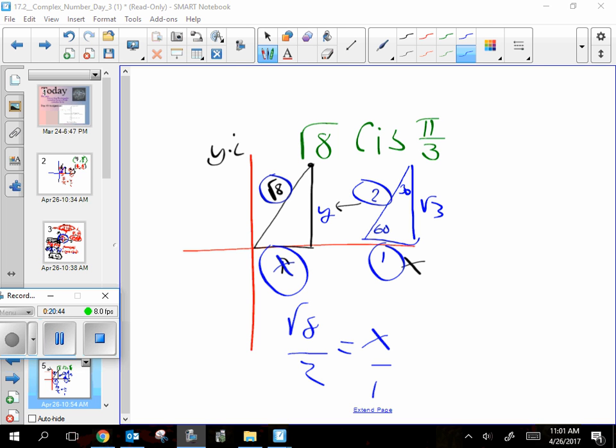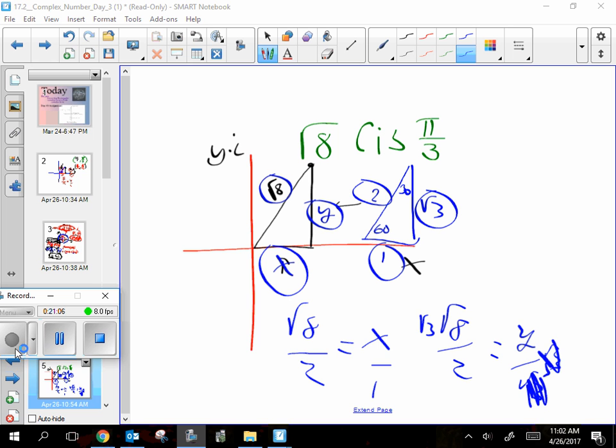Okay, cool. And then the y: root 8 is to 2 as y is to root 3. So then I have to multiply both sides by root 3, and I'll end up with a root 3 here, and this one will go away because I'll have one there and it'll cancel. And then there's my answer, and that's a little icky, but there's my y.